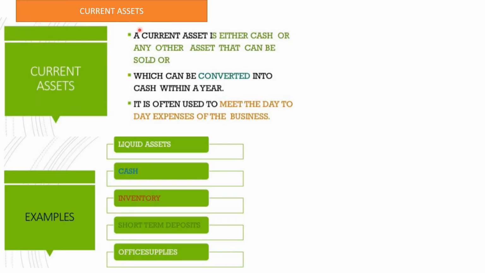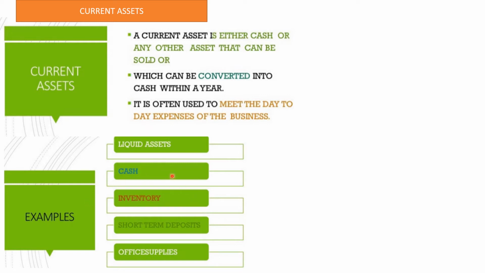Now, current assets. We have also discussed current assets. They are easily convertible into cash and they benefit you for a period of a year only; that is, they provide benefit for a year or less than a year. They are used to meet the day-to-day expenses of the business. Suppose you have cash available in your hand. This cash can be used to meet the day-to-day expenses of the business, like stationery, office supplies, etc. Then short-term deposits, inventory, cash.